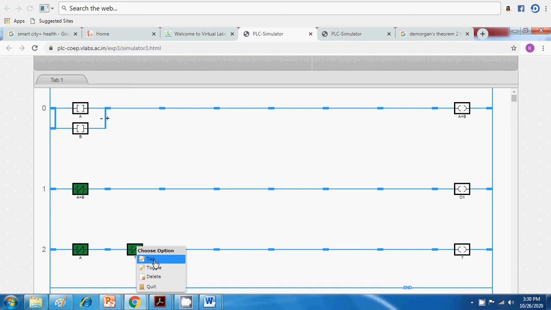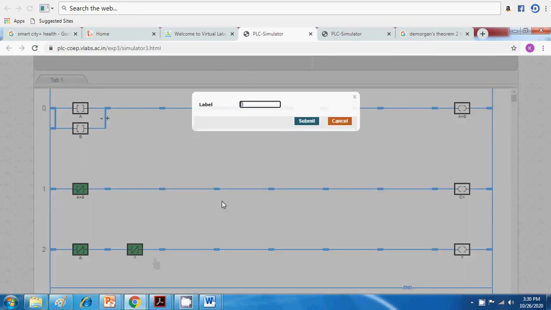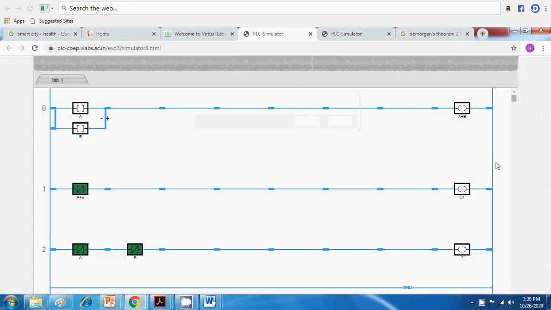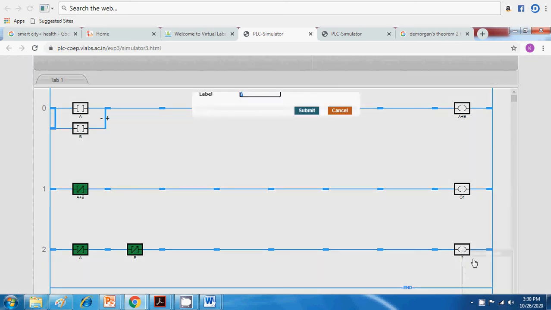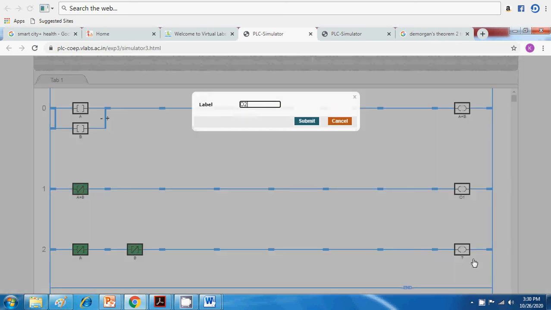Then it is also B, submitted. Output O1 is for the left hand side, and for the right hand side we will get O2, and submit it. Okay, so let us check for the conditions.